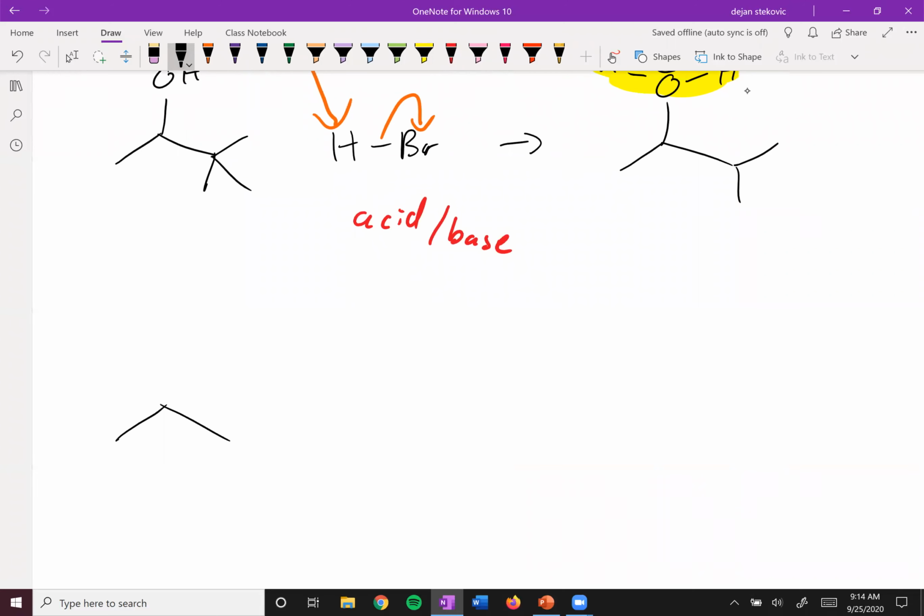So for our next step, we're going to go from the product on the left to the product on the right. Again, what you should identify is water is a good leaving group, so it is going to leave. It's got that positive charge, and once it leaves, we'll be left with this positive charge right here.